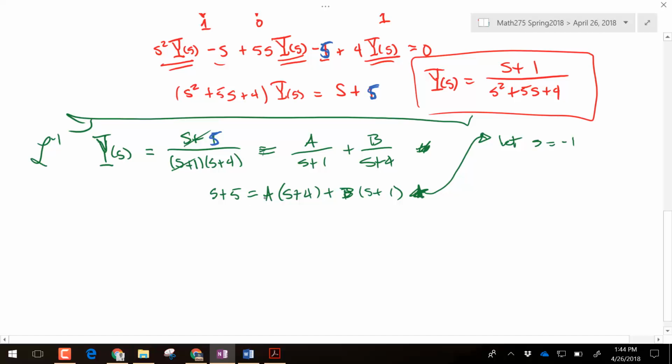But in here, if you let s equal -1, I have -1 plus 5 is equal to A times (-1 plus 4) plus B times (-1 plus 1). So that goes away, and then now you have a value for A.